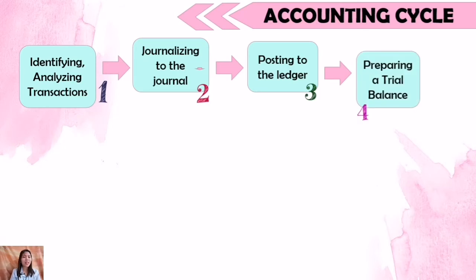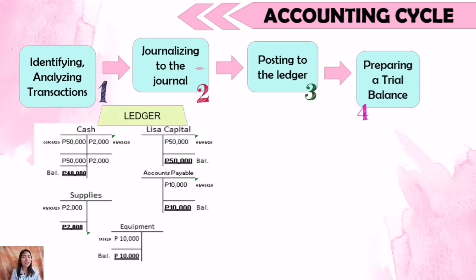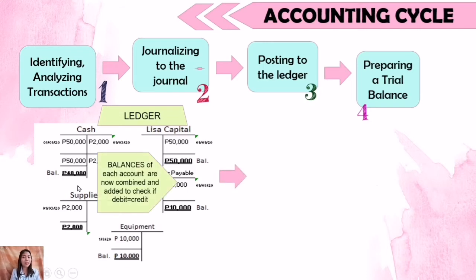Preparing a trial balance. In the accounting cycle, as you can see, we have 3 trial balances. The first one is the unadjusted trial balance. The second one is the adjusted trial balance, and the third one is the post-closing trial balance. We can prepare this if we have the balances extracted from the ledger. Since we already have the ledger, we have the balances extracted.